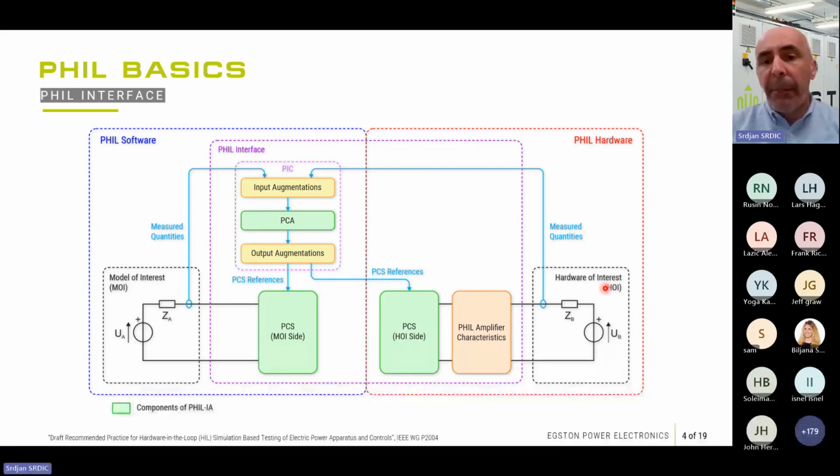Together with that, if the power amplifiers, due to their limitations, can potentially cause some instabilities during the simulation, those should be known and taken into account, sometimes even avoided. If there is a certain frequency range that we know can have stability problems, that can be avoided if possible during the simulation process.